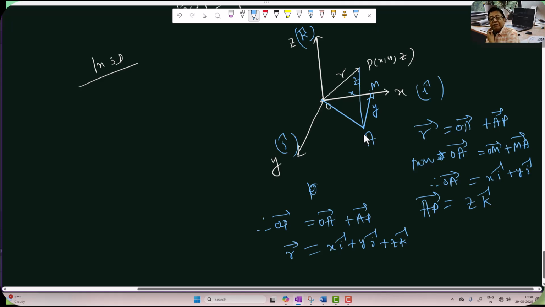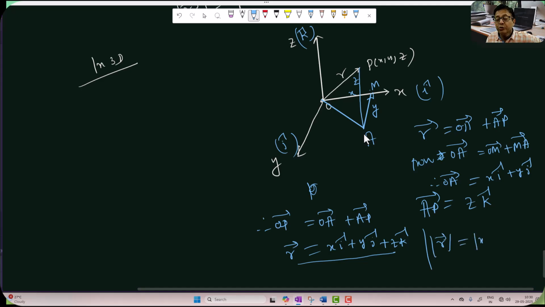So the vectors are now expressed in terms of the coordinates of the tip. And mod R, we can show by using this right angle triangle only.